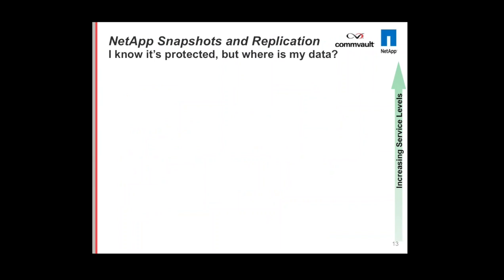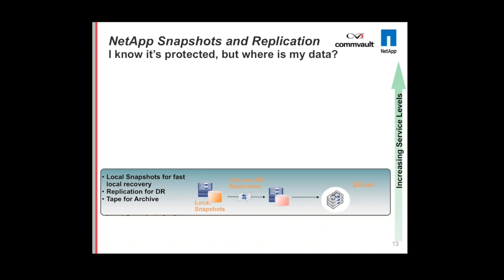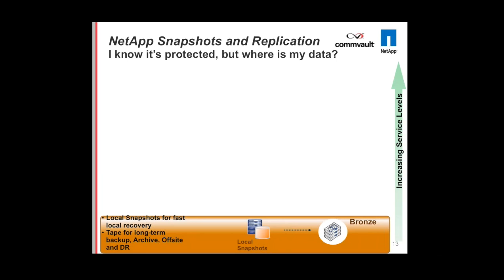Lots of times you still have a need for scripting. So you have to go in and script, and then if something changes in the scripting language when you update the array operating system, you have to go back in and update those scripts. Lack of granular restore capability, so the ability to bring back messages in Exchange, for example. If you're just snapshotting at the array and doing replication at the array level, you do not have that granular recovery capability.